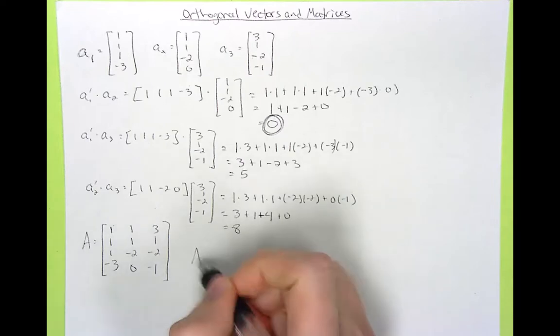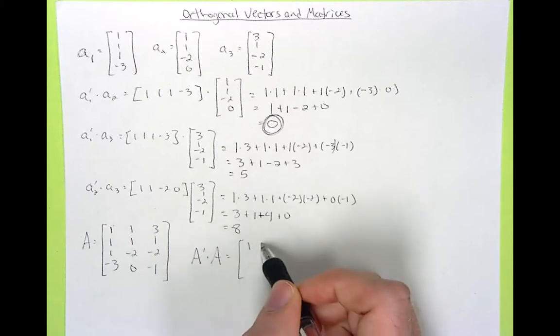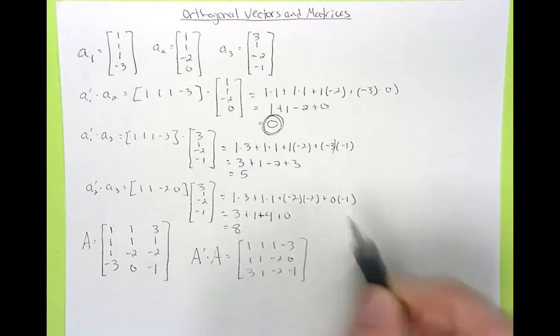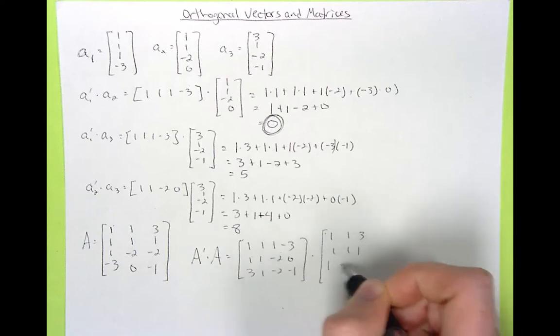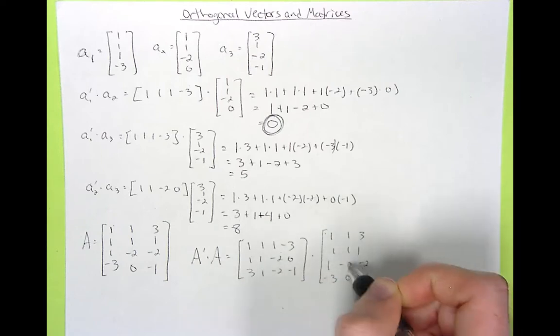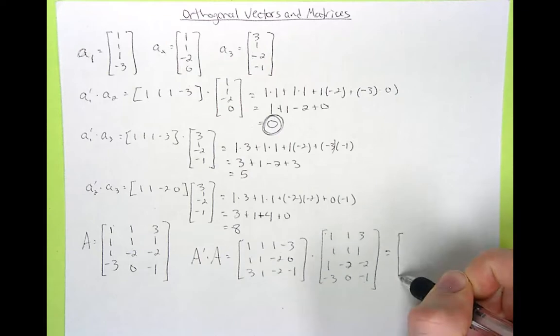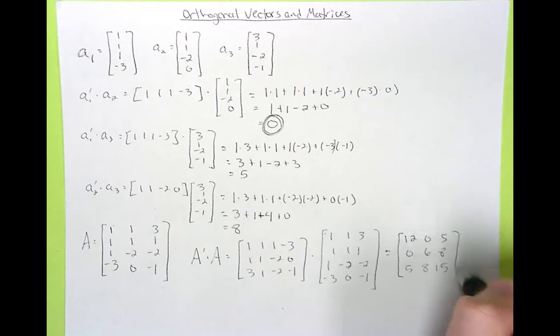So we'll have the transpose of A times A. So it'll look like, going across, 1, 1, 1, negative 3, 1, 1, negative 2, 0, 3, 1, negative 2, negative 1, and we're going to multiply that by A. And what we get is a 3 by 3 matrix with the entries 12, 0, 5, 0, 6, 8, 5, 8, and 15.